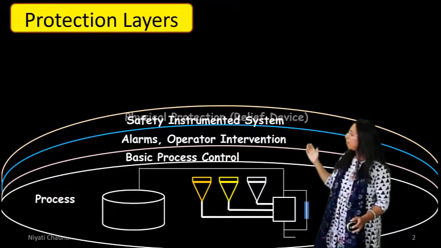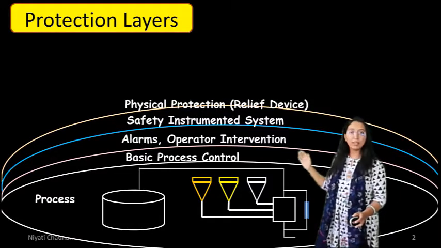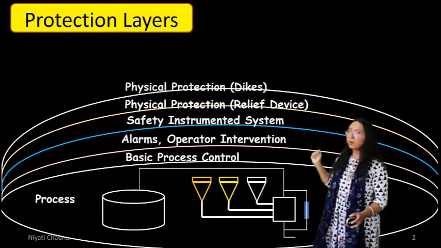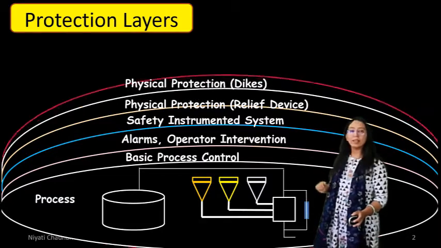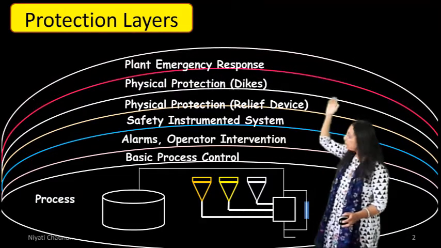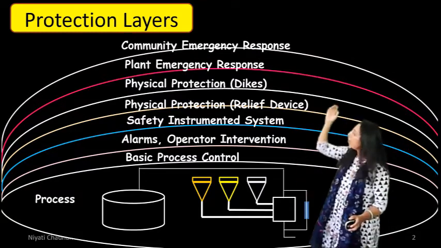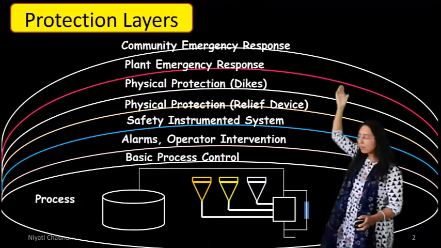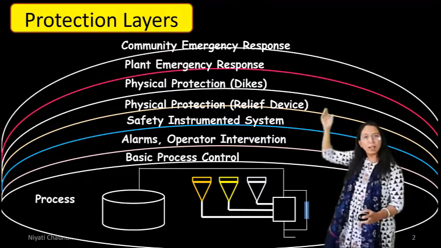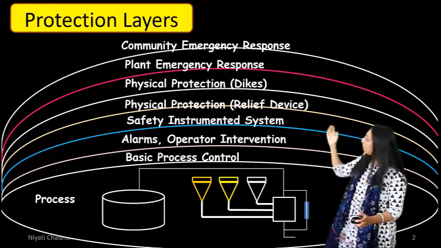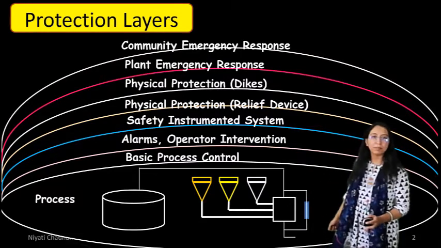The next layer is physical protection, the relief device. Then physical protection, dikes. Then plant emergency response, and after that community emergency response. So these are the protection layers, and we are using protection layers in the safety instrumented system.